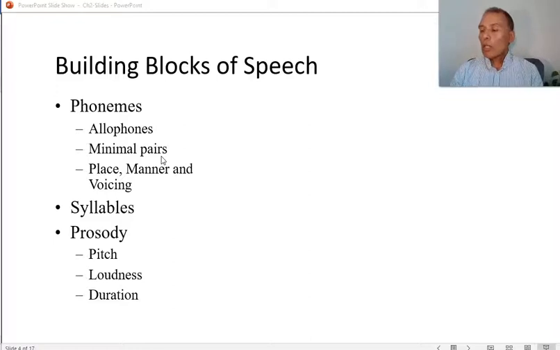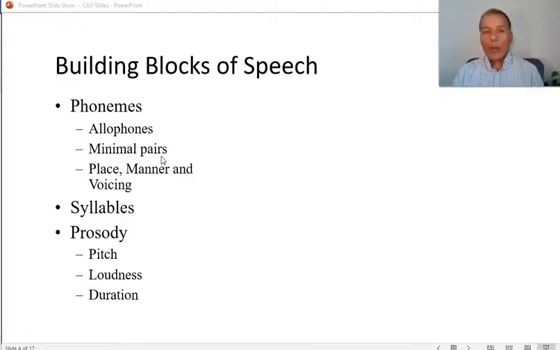So when you say, for example, share, as in sharing, and the word chair, what sound are they different in? Obviously the initial sound, the first sound. So these are a minimal pair. Sometimes we call that a minimally contrastive word pair.